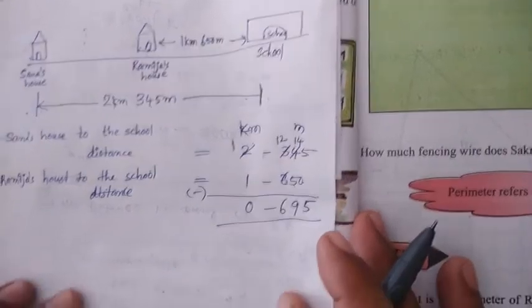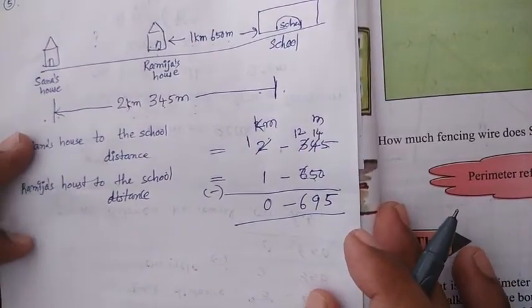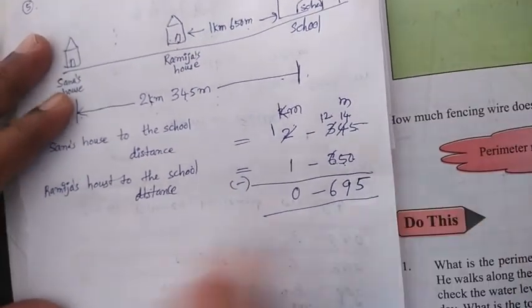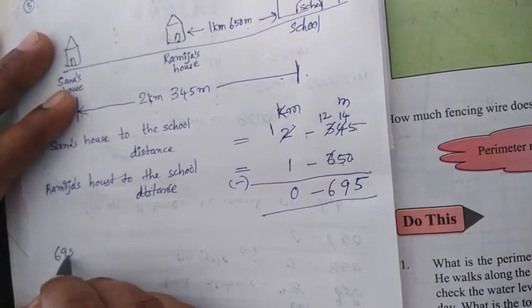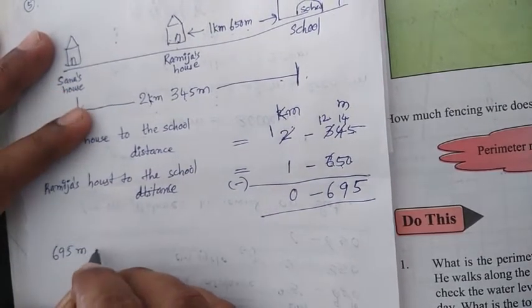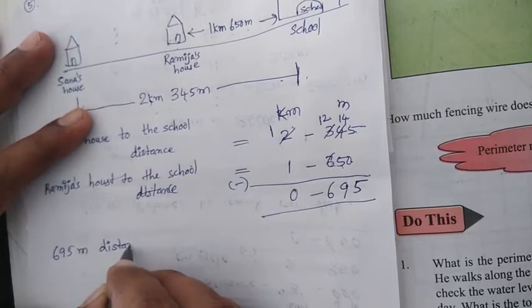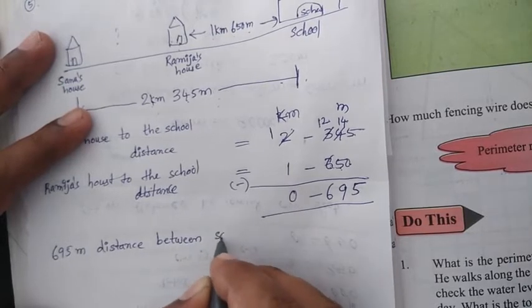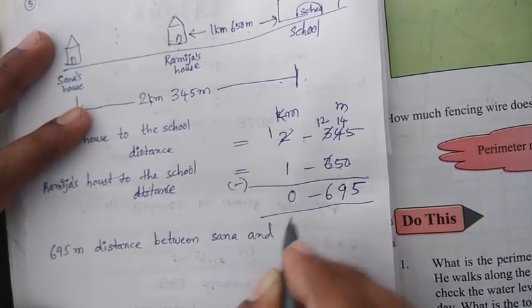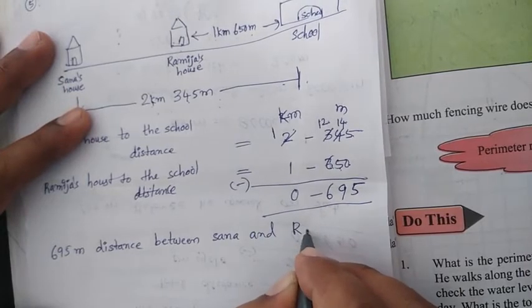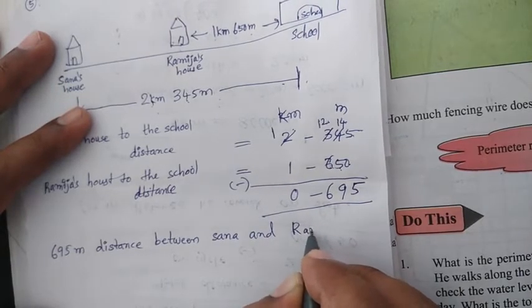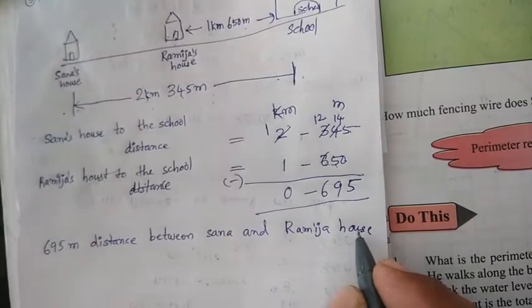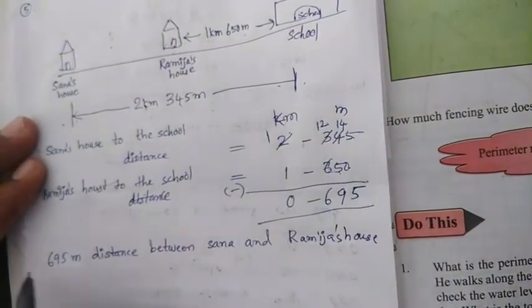So, the distance between Sana's house and Ramija's house is 695 meters.